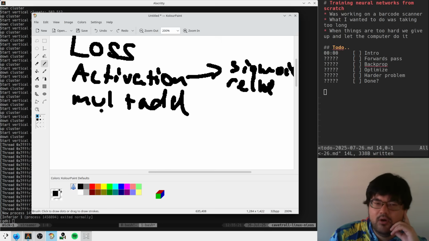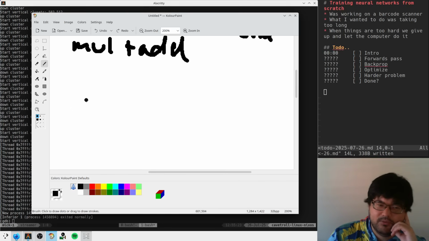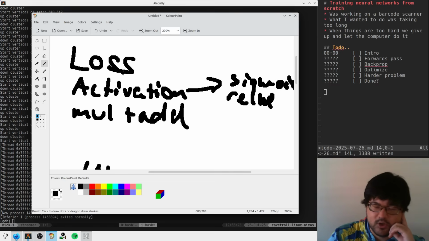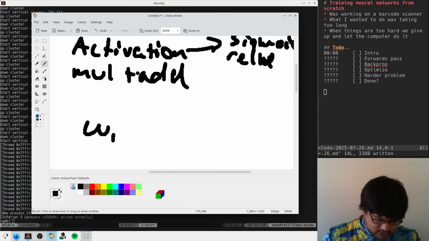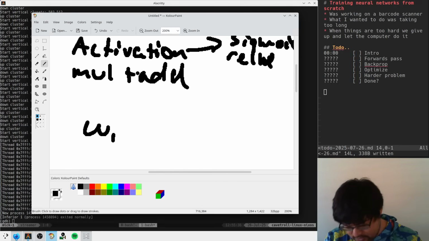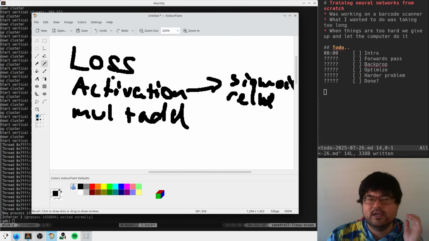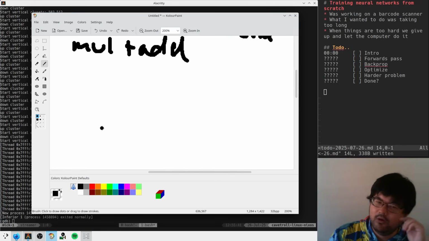So if we want to know how weight 1 contributes to the total loss, there's this thing in calculus called the chain rule. We don't have to think about it as a rule. We can say there's a bunch of steps happening here, right? Imagine that you have x squared.